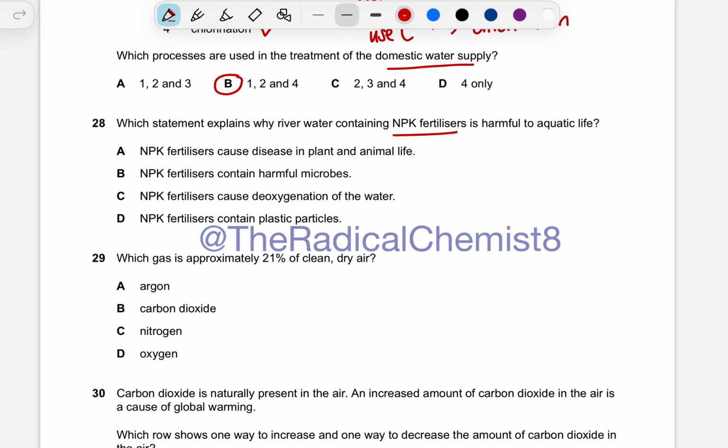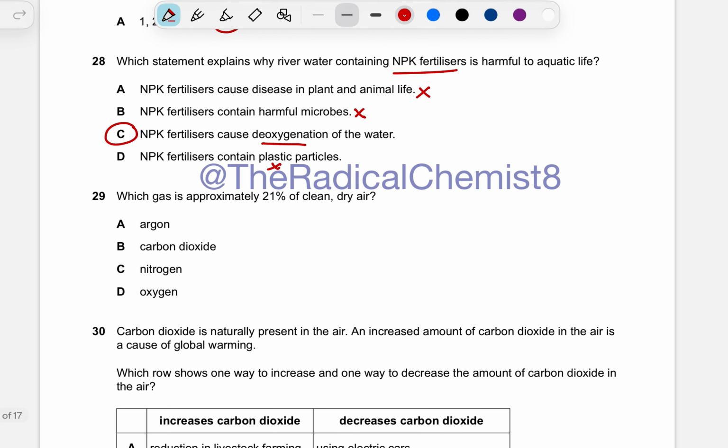So it says NPK fertilizer cause diseases in plants and animal lives? Nope. NPK fertilizers contain harmful microbes? Nope. Can cause deoxygenation of water? Yes. And NPK fertilizers contains plastics? No.